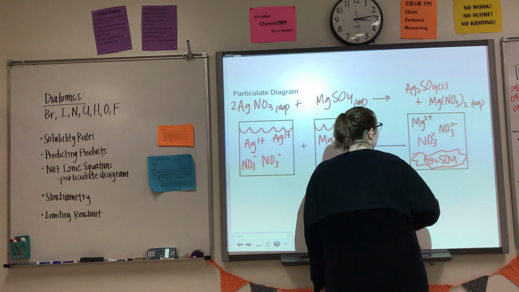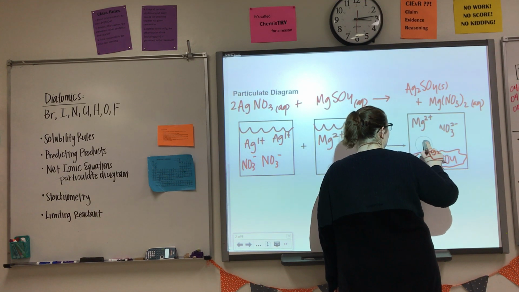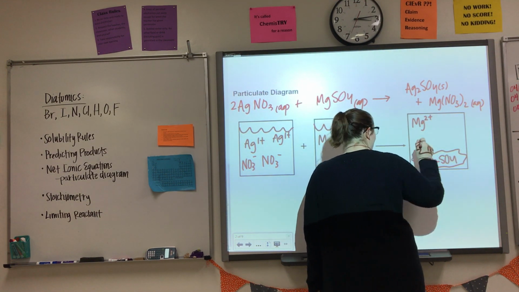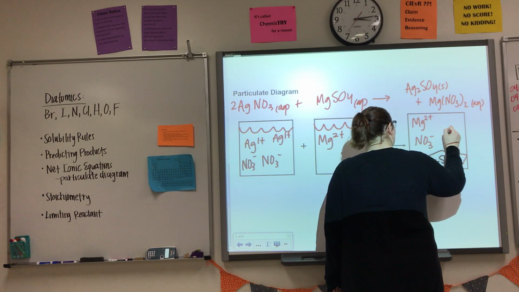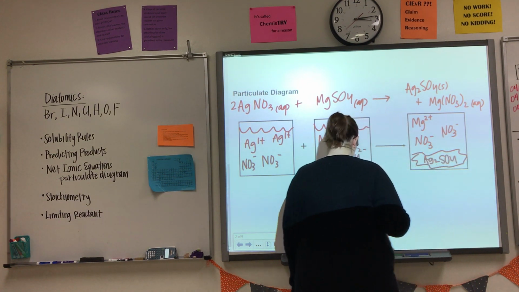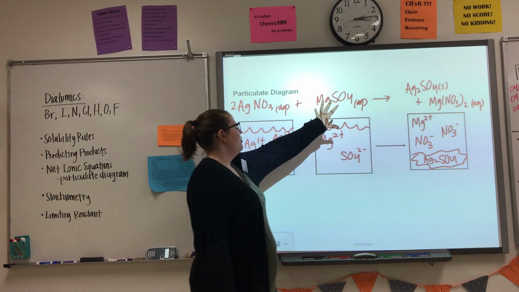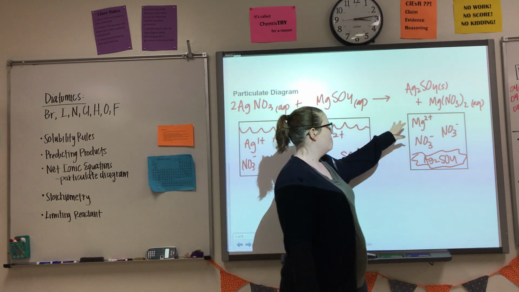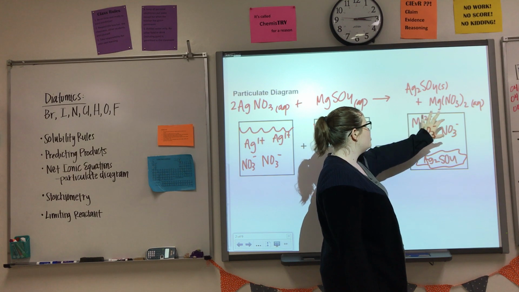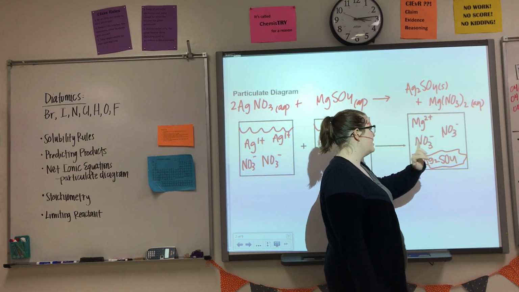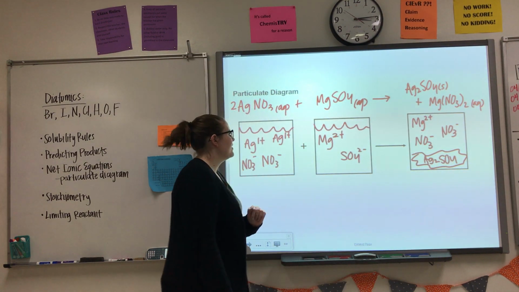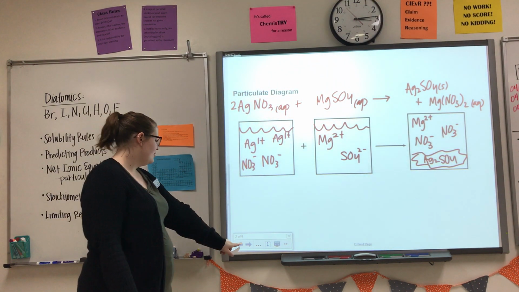Oh, that's with a 1 minus. I didn't put a 2 minus. There you go. So I'm showing that I start with 2 silver nitrates, 1 magnesium sulfate. I end up with 1 magnesium ion, 2 nitrates, which is totally what that says, and my solid. Okay? So that's how I do my particulate diagram.